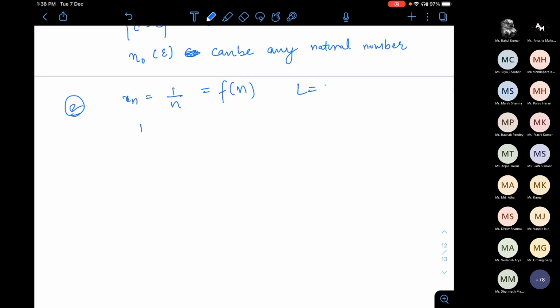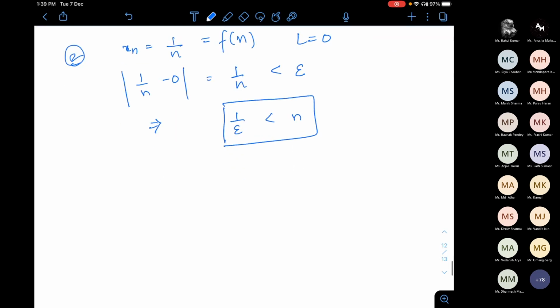Okay. xn minus L, this is 1 by n only. Now I have to make it less than epsilon. When will it be less than epsilon? When n is greater than 1 by epsilon.